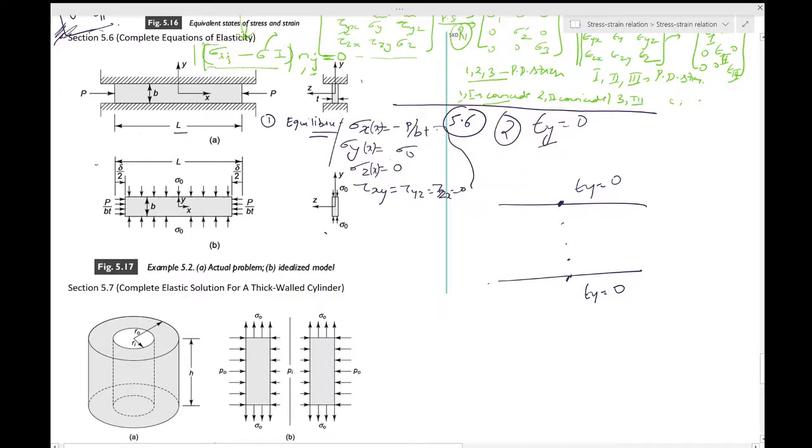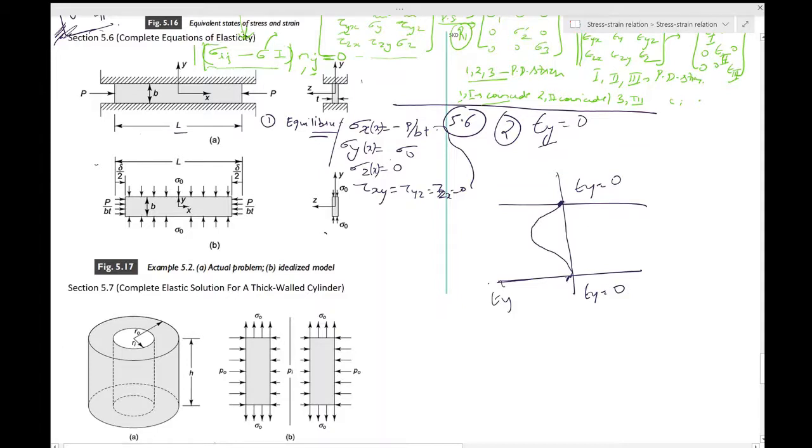The reason is this: if epsilon y has to be non-zero, say it has to increase, so if this is your value and this is epsilon y, let's assume that the value increases, but then it must come down to 0 again, right?